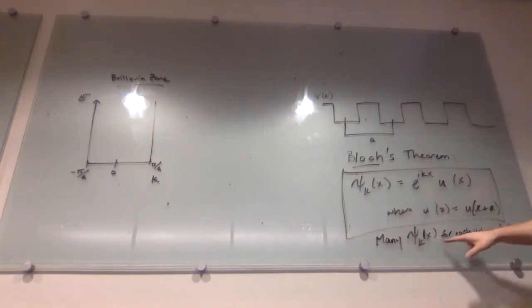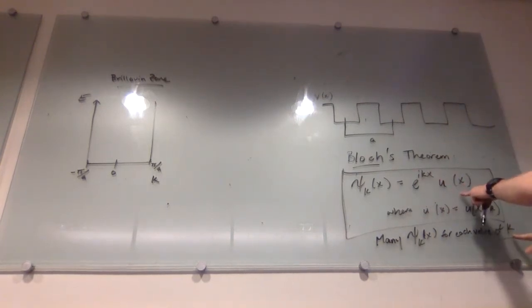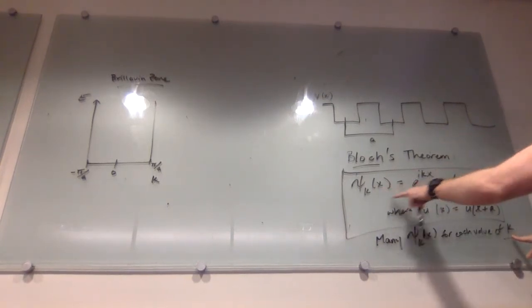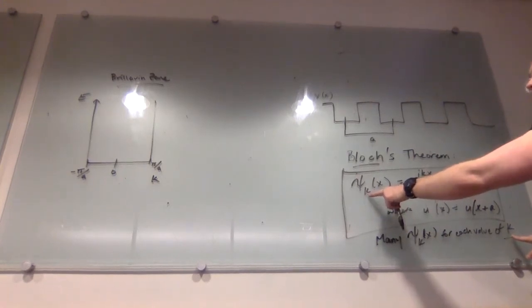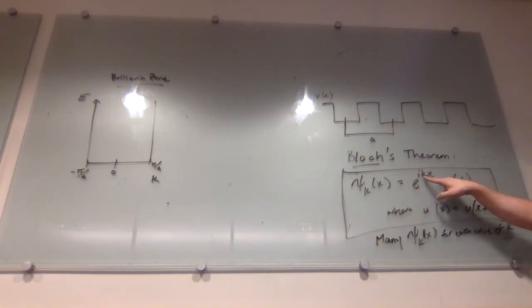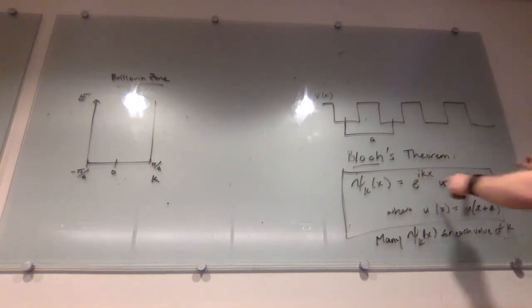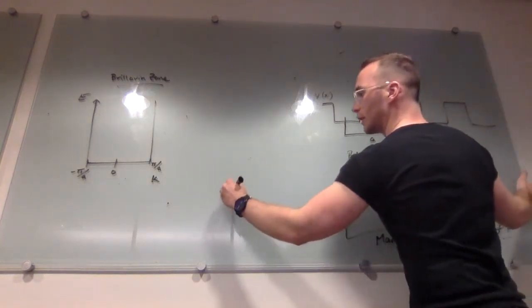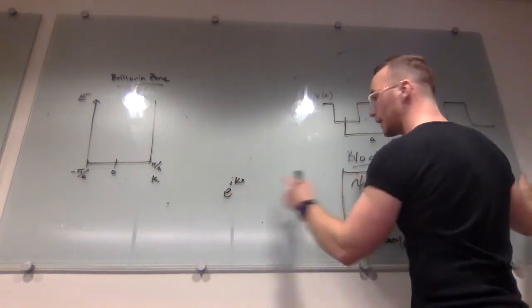But the point is that if I know what my potential looks like, and I have a bunch of wave functions, I know how the u looks. So why don't I write all my wave functions in terms of their value of k? Let's look at this e to the i k x piece again.